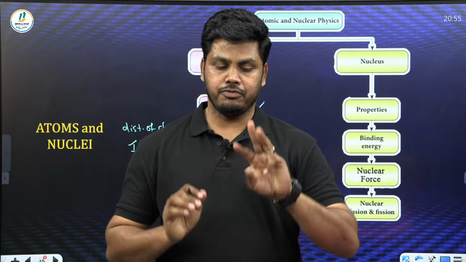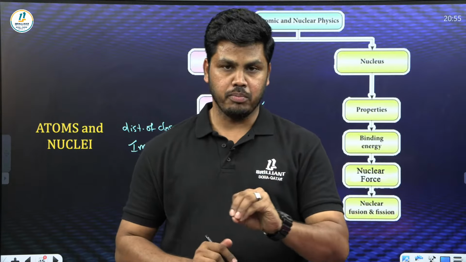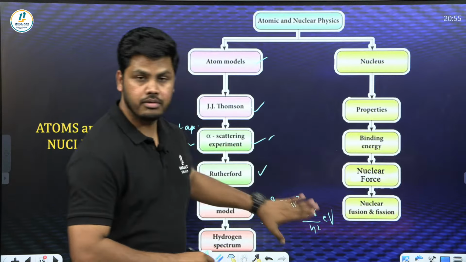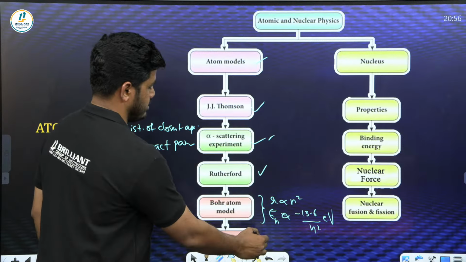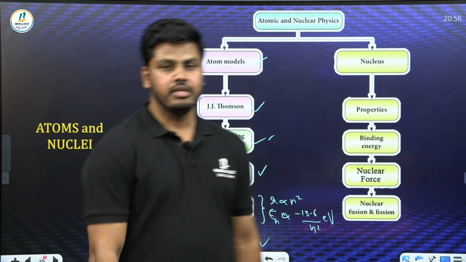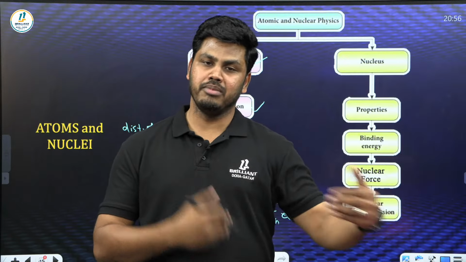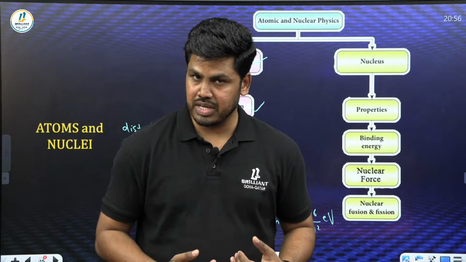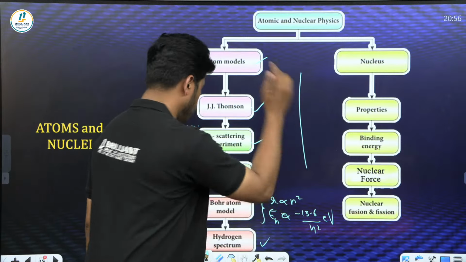Remember the 3 postulates of the Bohr atom model and their mathematical form. If you learn that properly, you can solve almost all the questions from that part. Then the spectral lines, hydrogen spectrum, the 5 spectral series, maximum wavelength, minimum wavelength, maximum frequency, minimum frequency calculations. We have some examples, so we'll do some questions from that part also.